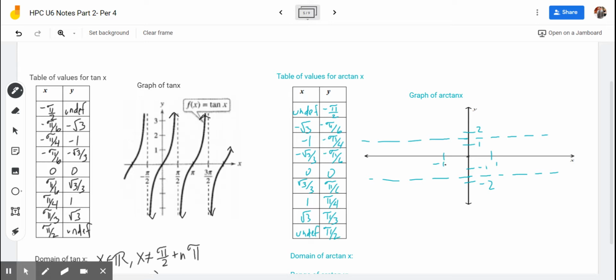And then positive 1, positive pi over 4, so it's a little under 1, like that. It's going to look like a regular S, but it's a little bit flatter.